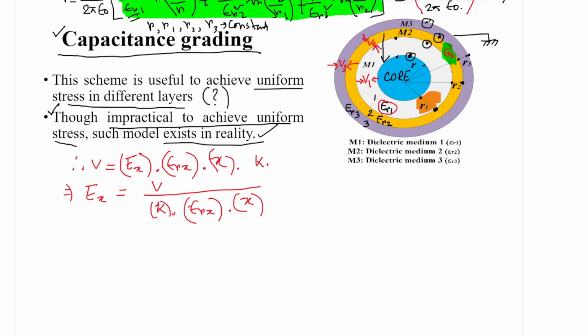So this expression is extremely important to understand. As we can see, electric stress is a function of two variables. There are two variables in this case.